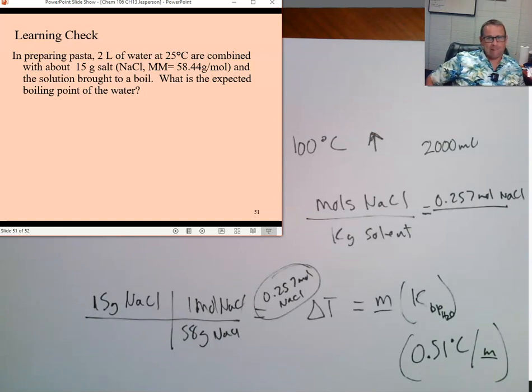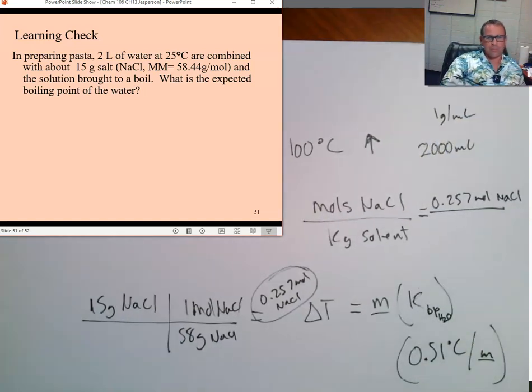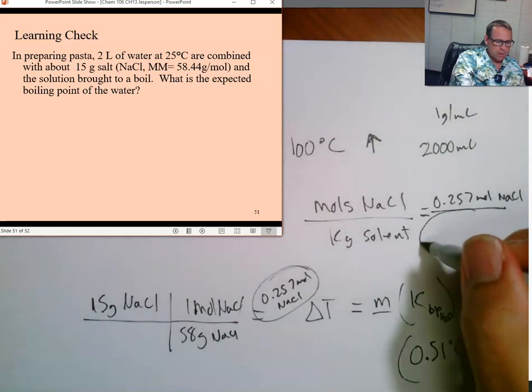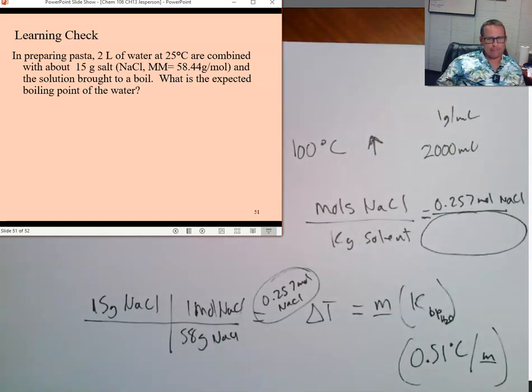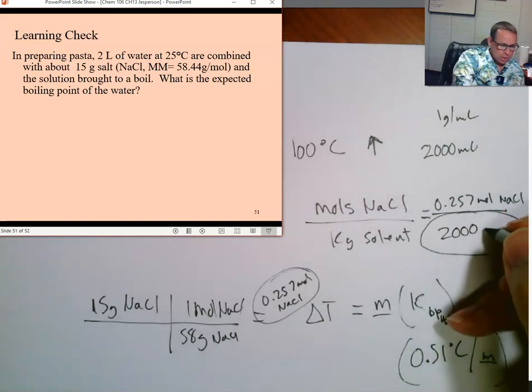No, I don't think so. The density of this type of a solution, because it's almost all water, right, is going to be really close to 1 gram per milliliter. So what does that mean we could put underneath here, Sarah? So, 2,000. That's right. 2,000. Well, actually, we want to convert it into what?